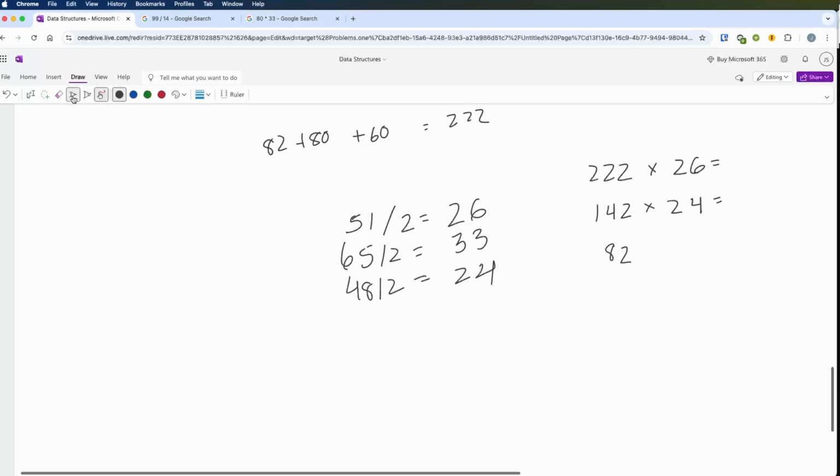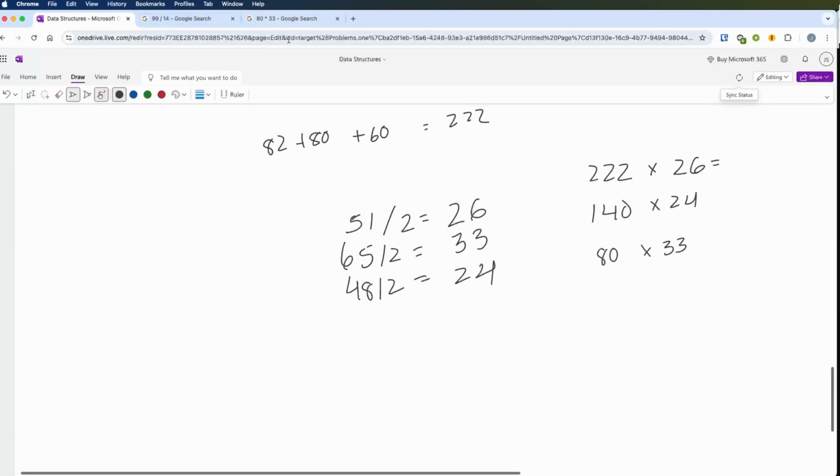No, hold on. So we're going to get rid of the 26 first. This is 222 minus 82. This is 140. Right, so we have 140. And the one we did before was the 65. So let's do 140 times 24 to get rid of 60, and then we'll have 80 times 33. Right.